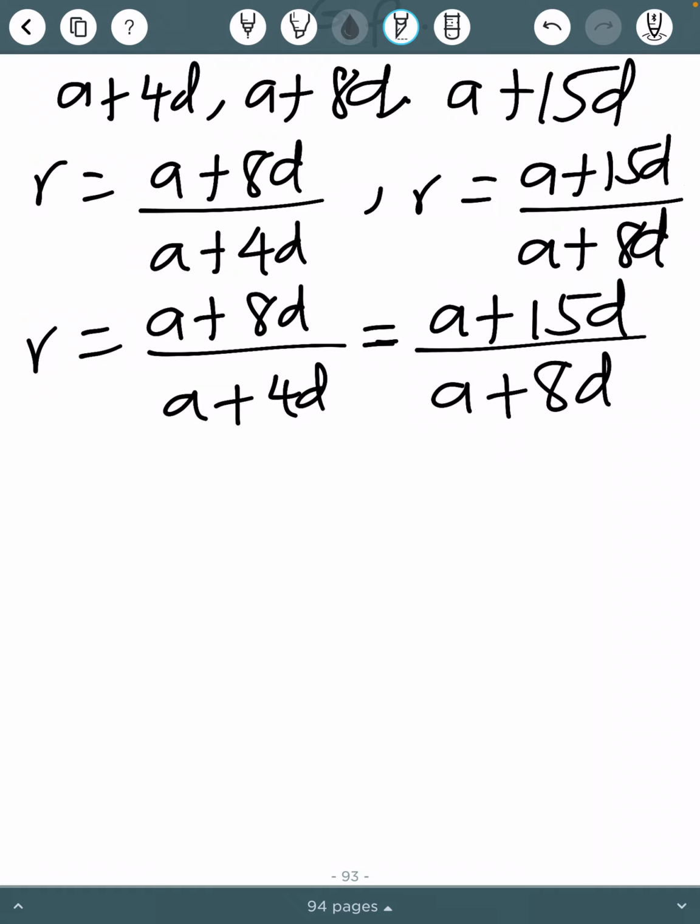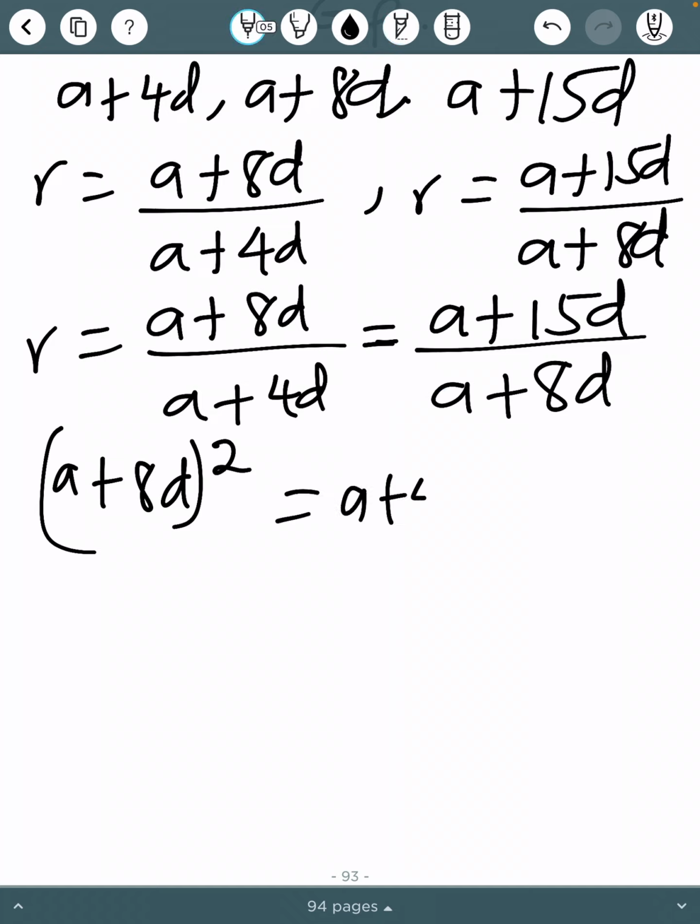When I cross multiply here, what do I get? I'm going to get a plus 8d times a plus 8d. That gives me a plus 8d squared is equal to a plus 4d times a plus 15d.